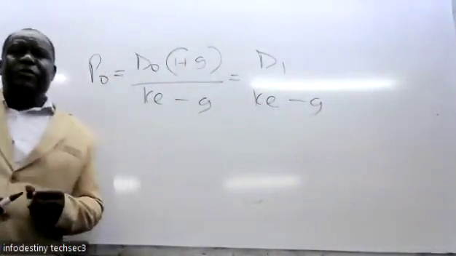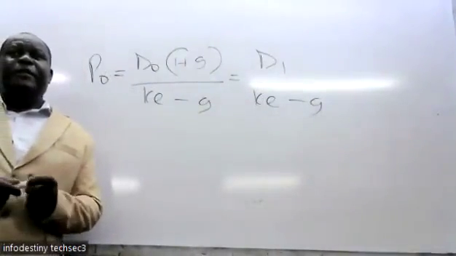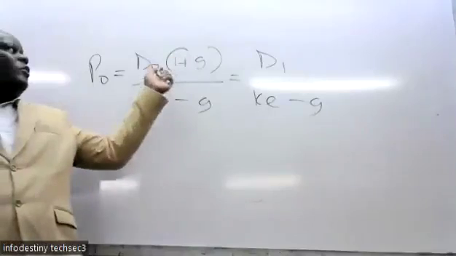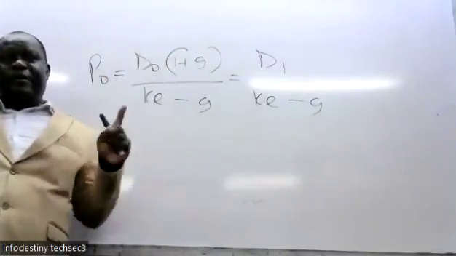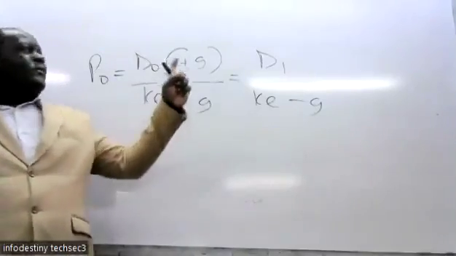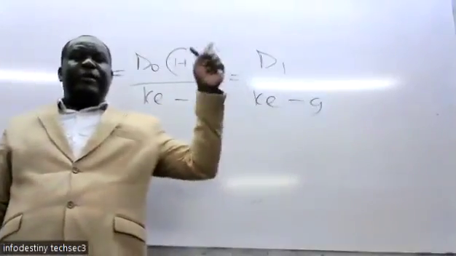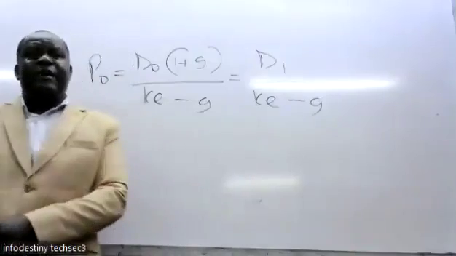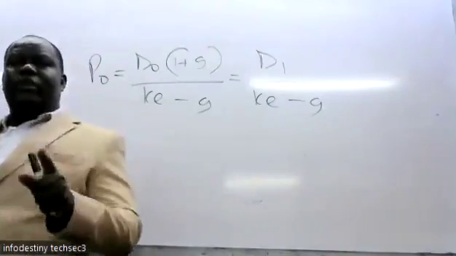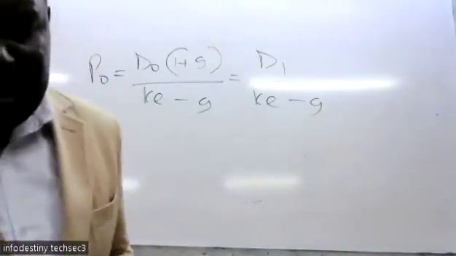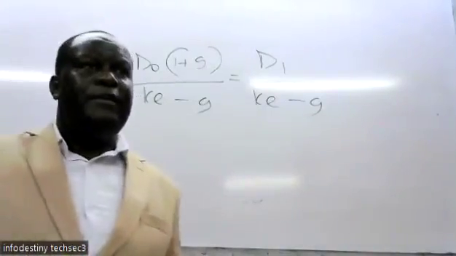I want you to understand here. We said that D0 is the last dividend that was paid. D1 will be the next dividend to be paid. The question has given you the pattern for the last 5 years.